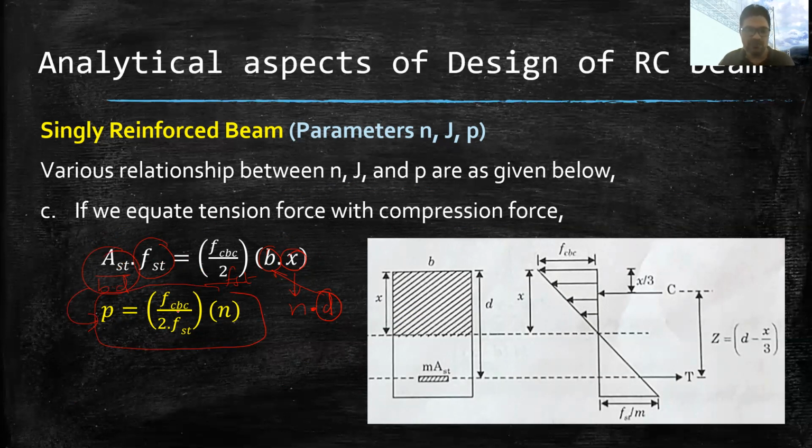So p will be equivalent to fcbc upon 2 fst, whole multiplied by n. This is another relation that we can use. These relations are very important. In a problem we may be asked to calculate any quantity, and if we know these relationships, we will be able to identify the parameters easily.